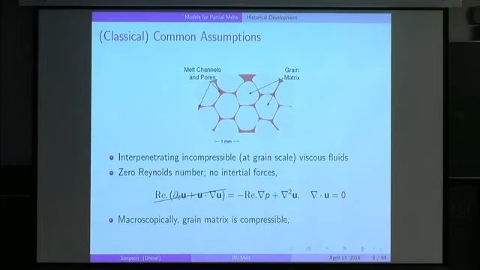And it's in the same spirit as how at the pore scale, there's no permeability in the pore. The permeability is a macroscopic effective property that emerges. The other thing that goes on here is we have a very high viscosity contrast. 20 orders of magnitude viscosity contrast between the melt and the matrix.